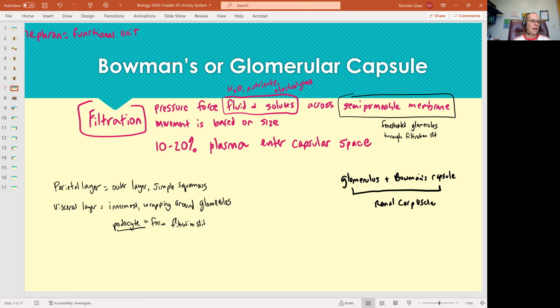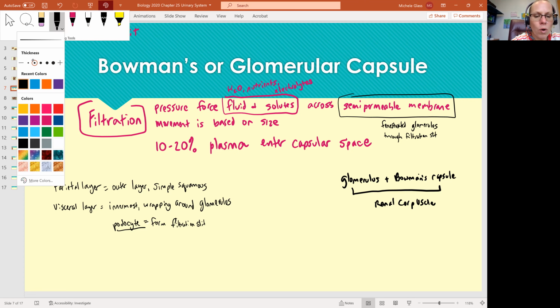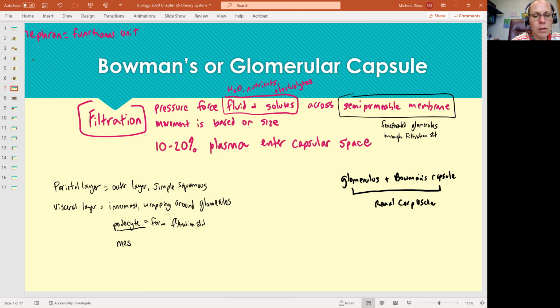When we're looking at that visceral layer, we talked about it as intimately hugging around the glomerulus, and we said it was composed of those podocytes, which are important in forming the filtration slit. We'll also see a type of cell here called the mesangial cell. And the mesangial cell can actually contract and help regulate filtration.